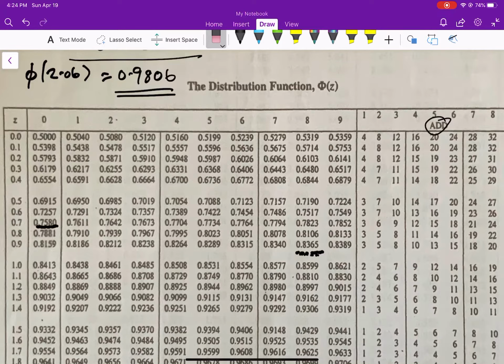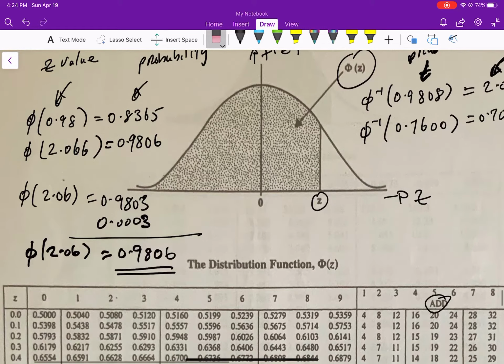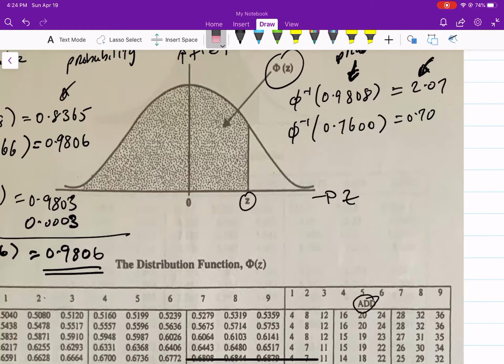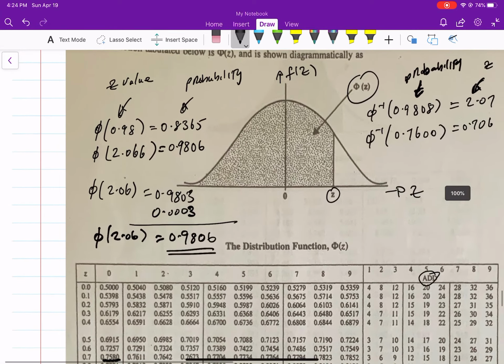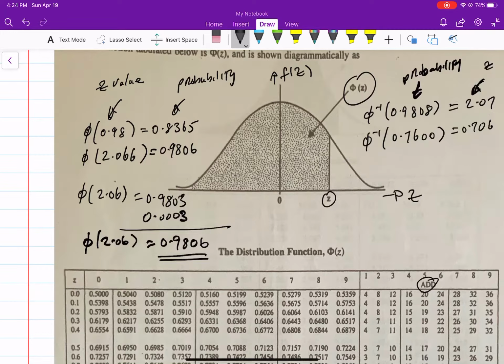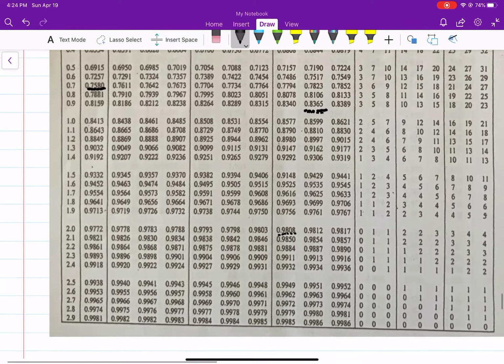Adding 20 means the closest I can add is 18, and that gives me an additional decimal place of 6. So 0.706. And that's the z value. So you'll need to be able to use the table in both directions, knowing a value of z, finding a corresponding probability, and then knowing the probability, finding a corresponding z value.